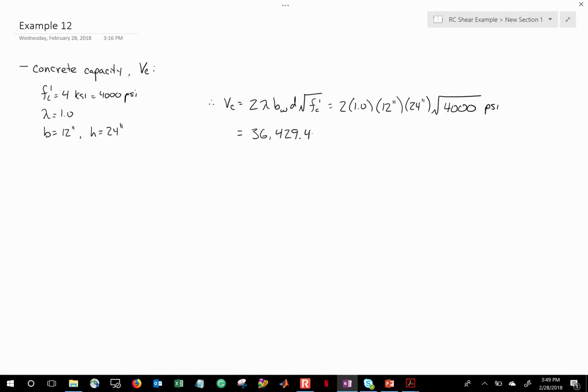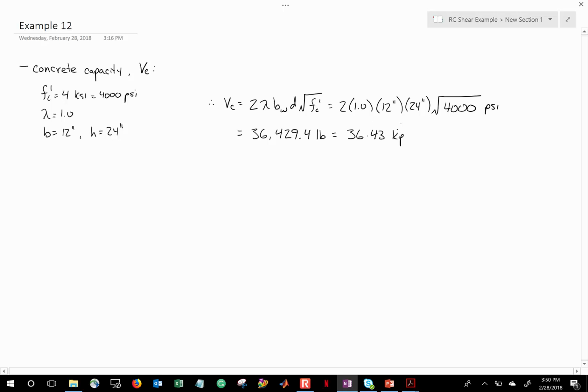However, you got to be cognizant of your units. We're taking inches and inches and multiplying them times psi. So this is in pounds. So if you want to convert to kips, you have to divide by 1,000. So that comes out to be 36 point, we'll say, 43 kips.